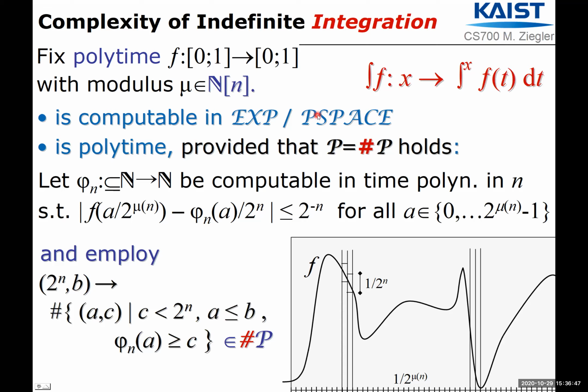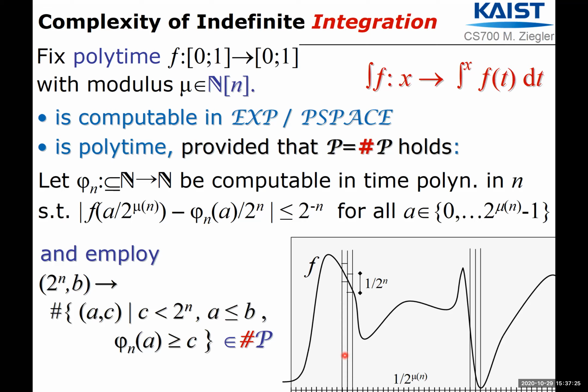And closer introspection says this is a polynomial space algorithm, because previously we would calculate the maximum over all these exponentially many values, and we only needed to store the current maximal value, not all values. Here for integration, we need to sum up all these values, so we need to store the sum and not all the values individually. So we can again reuse memory to arrive at a polynomial space algorithm for this indefinite Riemann integration.